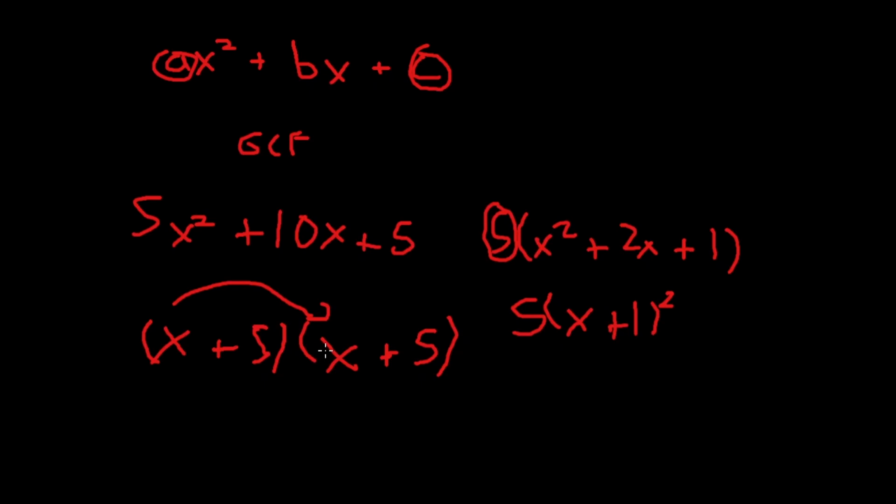Another way to think about it could be, we tried x plus 5, x plus 5. That didn't work. So what if we, instead of having 5 twice, because remember, when we had plus 5, that gave us c for 25. And when we had x and x, that gave us an a of 1. So our a was too low and our c was too high.